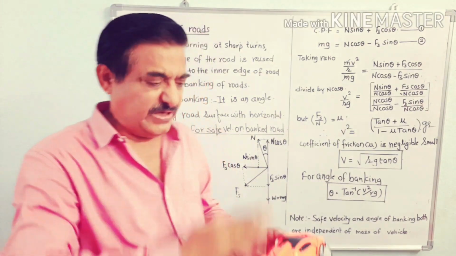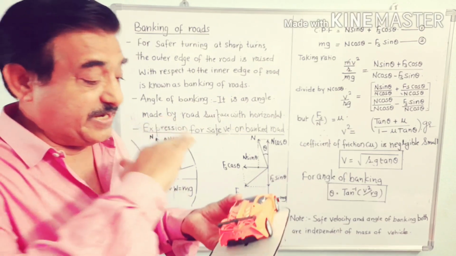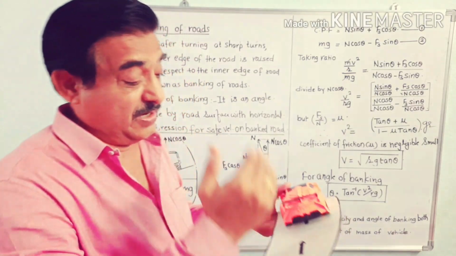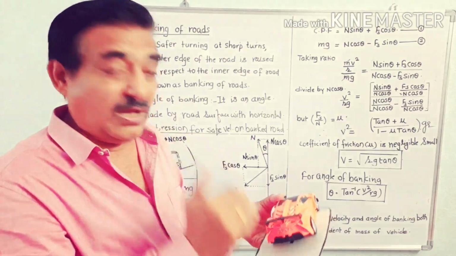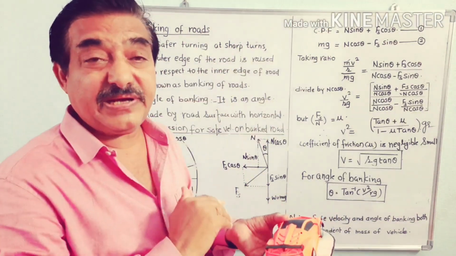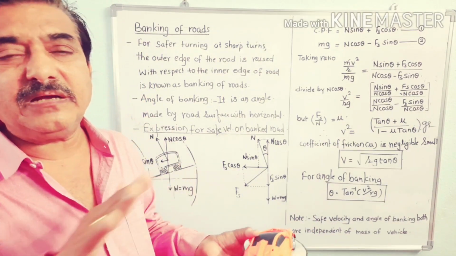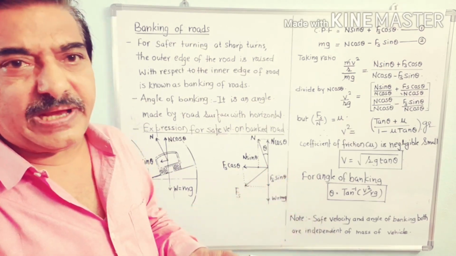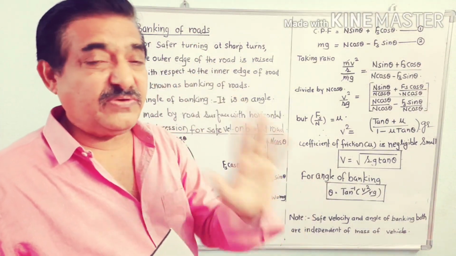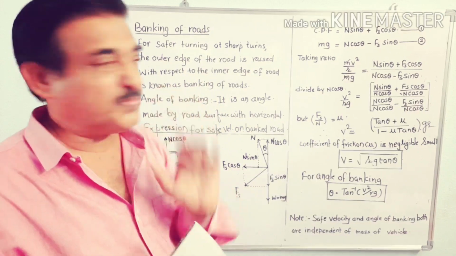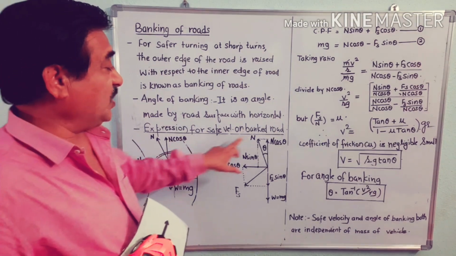The possibility of bursting of the outer tire is reduced, and all other possibilities, like uplifting of the inner tire, due to which accidents may happen, are reduced. That's why banking of roads is essential. Banking of road is very essential to increase its speed limit. So, we will see the expression for safe velocity on a banked road.